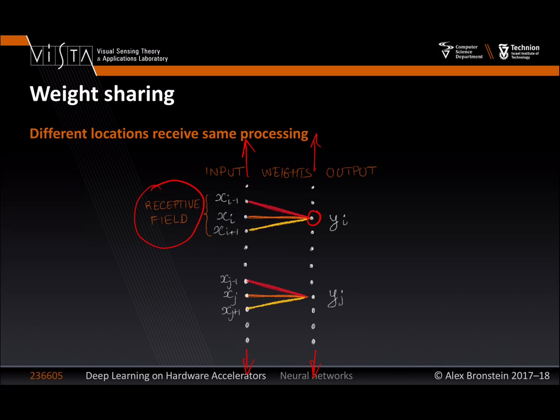And this, of course, dramatically reduces my degrees of freedom, even though I might not have a theoretical justification for this. If you buy into stationarity, then you have a completely justified reason for doing this. Otherwise, it's just a pragmatic reason of reducing the number of degrees of freedom. This is called weight sharing. We are sharing the same weights across different locations in the output.